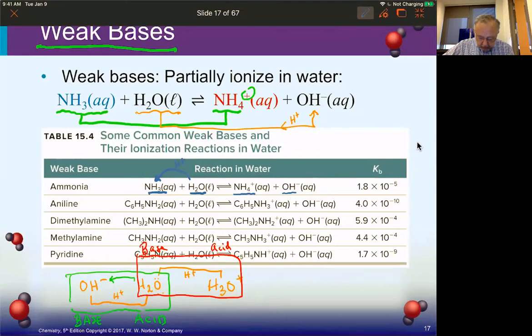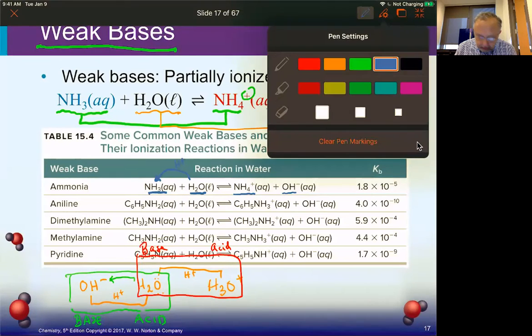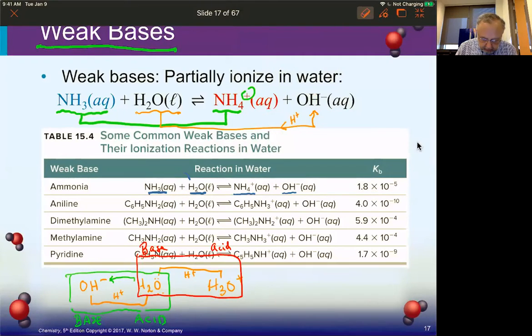Okay, so again, you have acid-base pairs. So let's look at them again here. I'm going to erase these ones here and use different colors. So the NH3 is accepting a proton from water, and therefore is going to be the base.